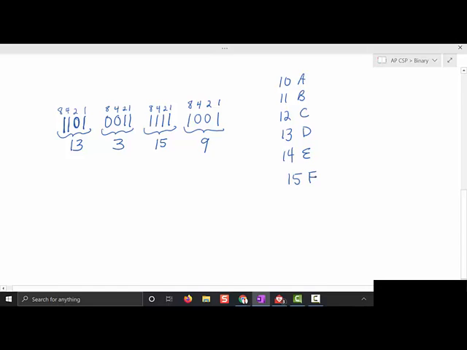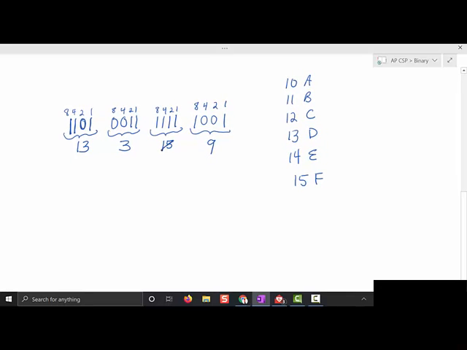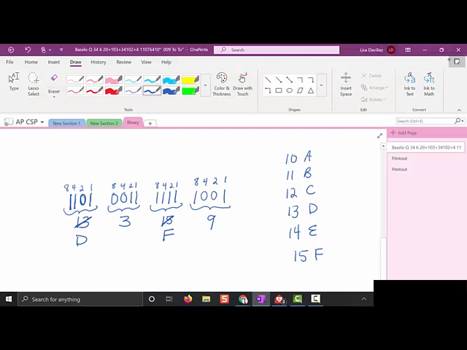So 0 through 9 are single digits. At 10 is where we run out of single digits. So when we get to 12, 13, 14, 15, it's A, B, C, D, E, F. 10 is an A. So 15 is going to be an F. And 13 is going to be a D. So in hexadecimal, this binary string here would be D3F9.